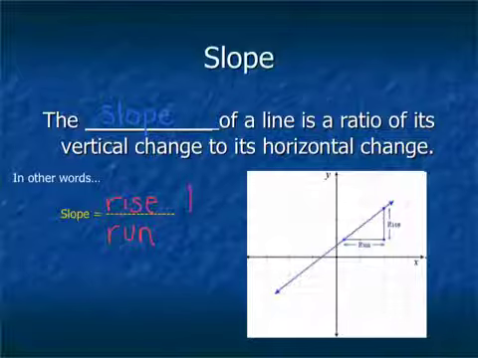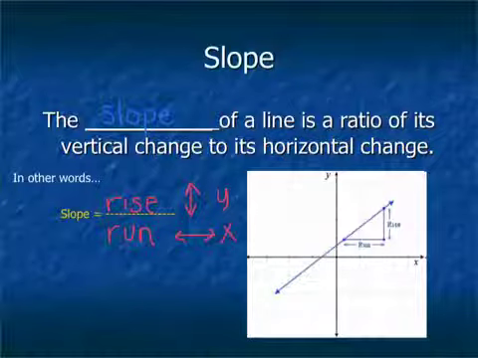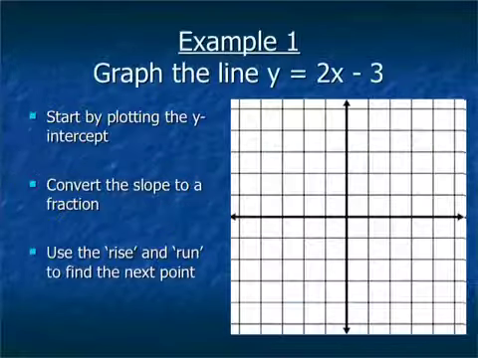Okay, so rise is up and down, run is horizontal. The rise has to do with the y coordinates, and the run has to do with the x's. Okay, let's try some examples.